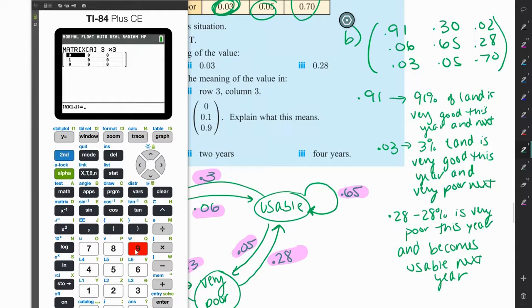Type all these in. Okay, so I have those in and it wants me to find T squared.